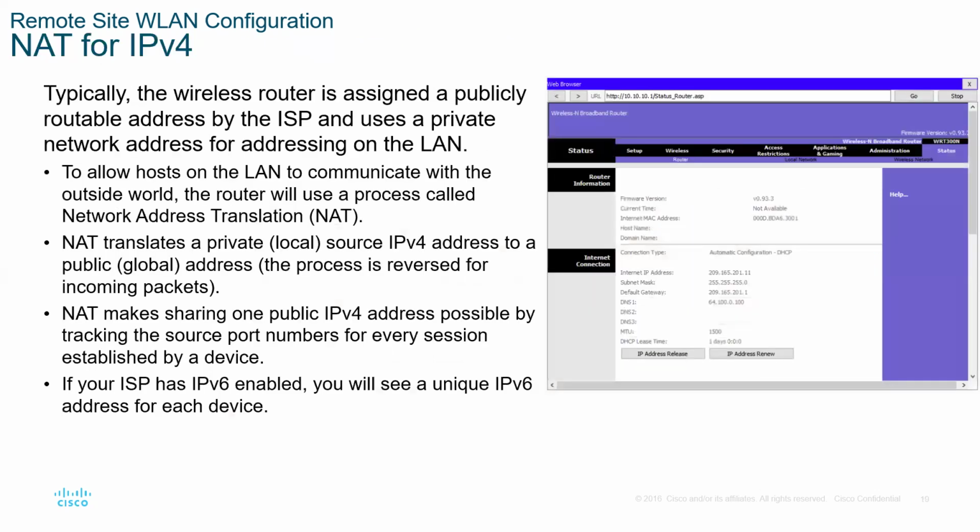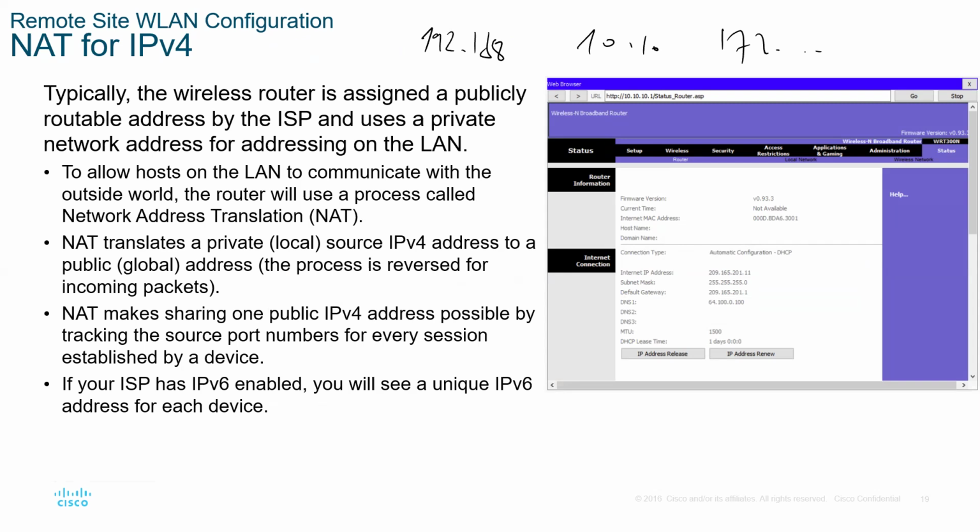Now for IPv4, I think we all know what address translation is: translating between public and private addresses. It changes my default settings here, the private addresses that we're using. When you want to communicate over the internet, you need to use public addresses. So our private addresses, our 192.168s, our 10s, our 172s, will need to be changed to public addresses.